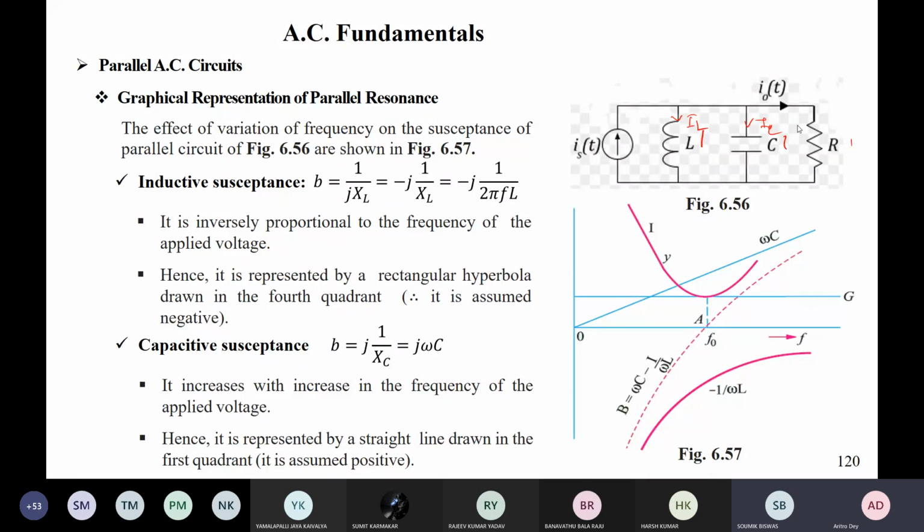So we are writing in terms of susceptance. It is 1 by jXL, which is minus j times 1 by omega L, and here it is plus j omega C, the capacitive susceptance. These two will be equal in magnitude, and only then will we be able to get the resonance. So what will your resonant frequency be?